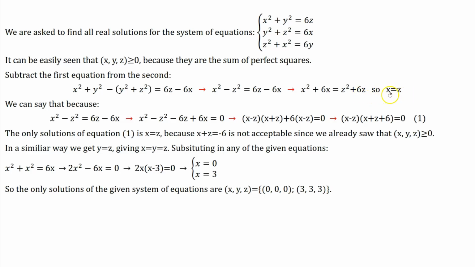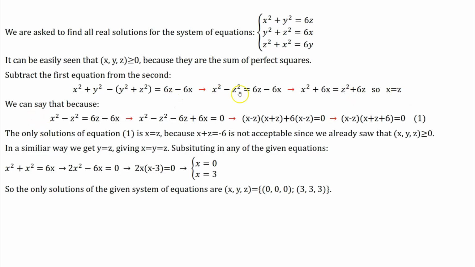So we can say x is equal to z by comparing these two sides, but attention, this is not because we have the same coefficients on both sides. We will now show that in this case, when x and z are both positive real numbers and they fulfill this equation, we can finally say that x is equal to z.